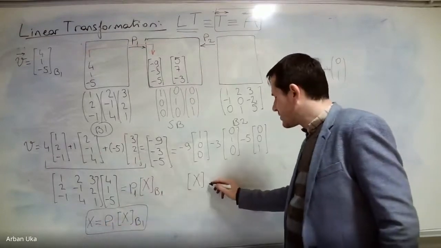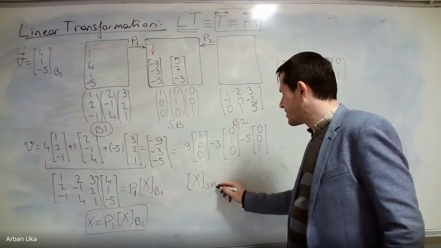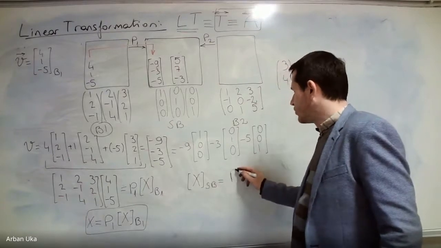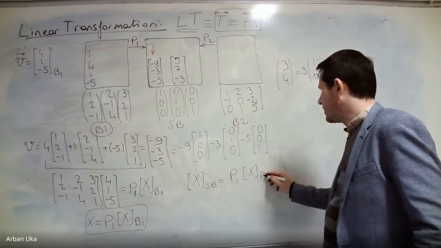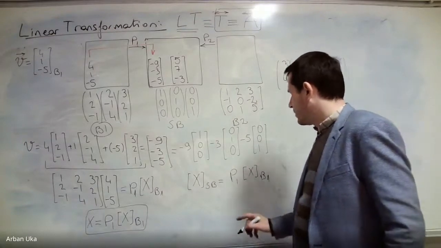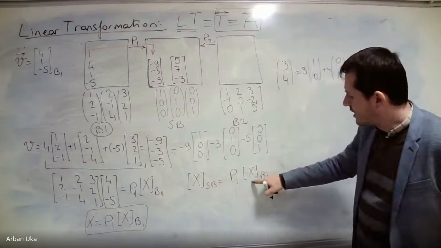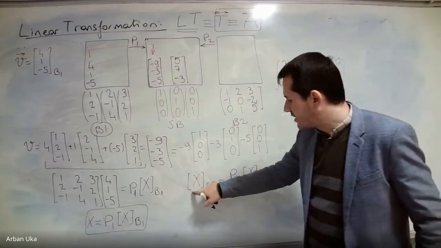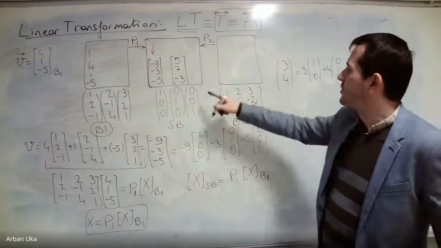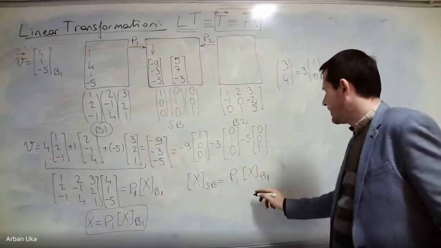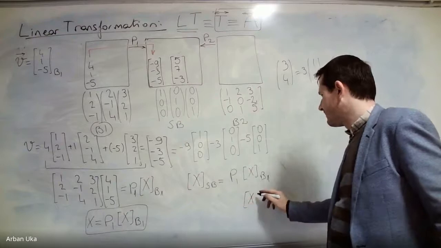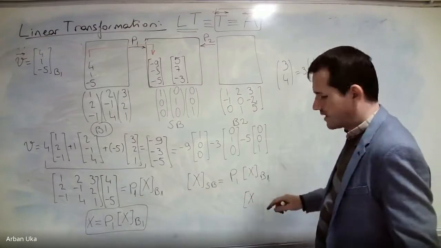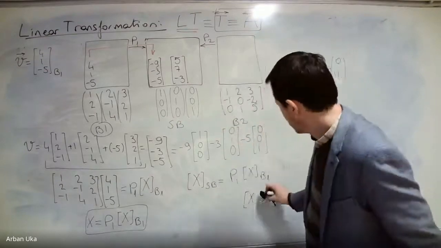But let's formalize this one. Let's say that X according to the standard basis is equal to P1 times X according to basis B1. Now, we are given this, and we find this. Imagine for a moment, now we are given the X in standard basis. Or why don't we do it like this? Allow me just for a second.